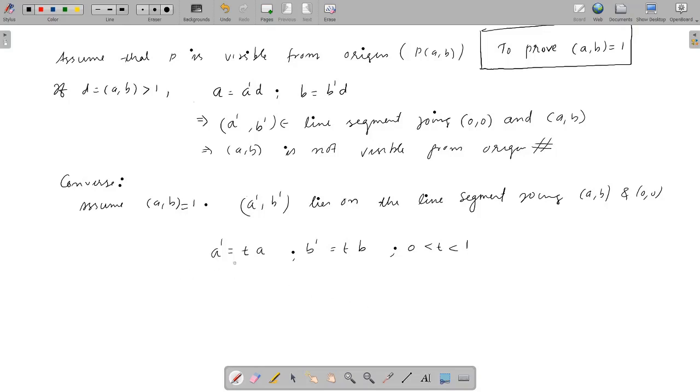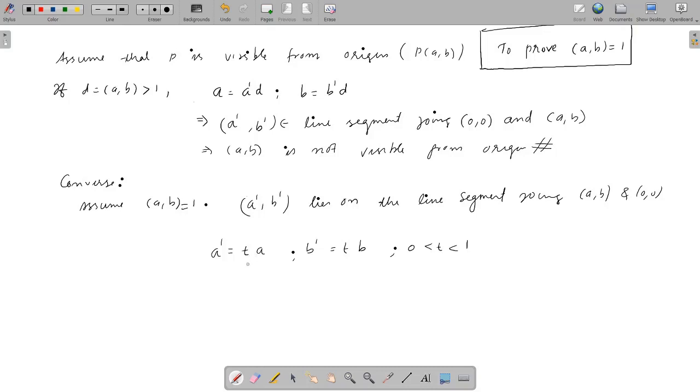Okay? So A prime B prime is a lattice point, and A comma B is a lattice point again. So A prime and A are integers, B prime and B are integers. Hence, from this you can write that T is a rational number.